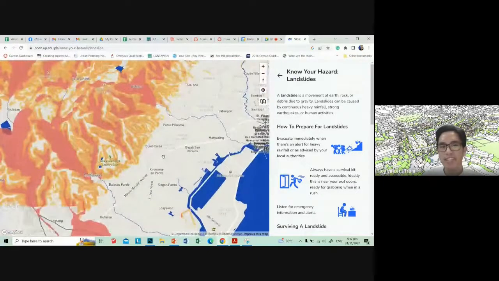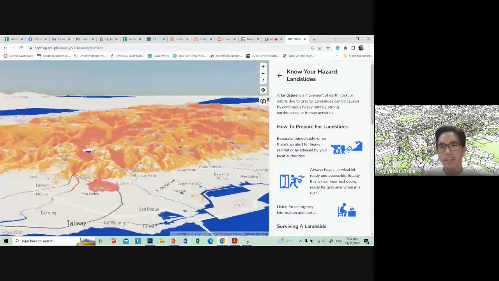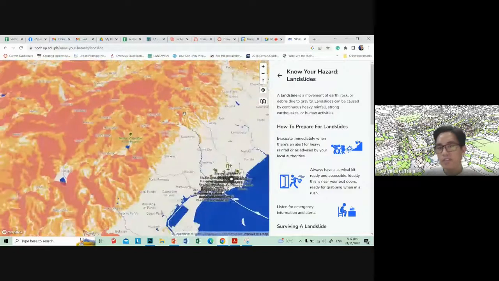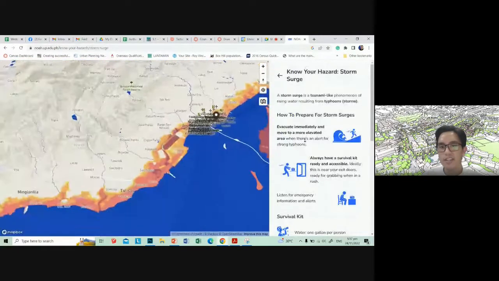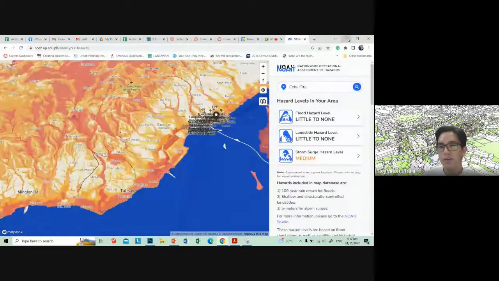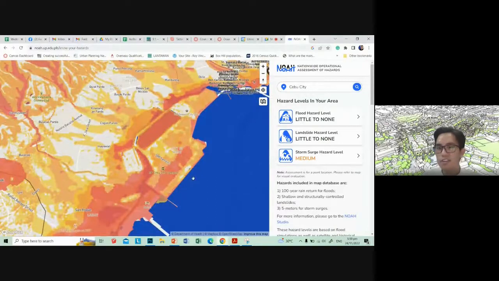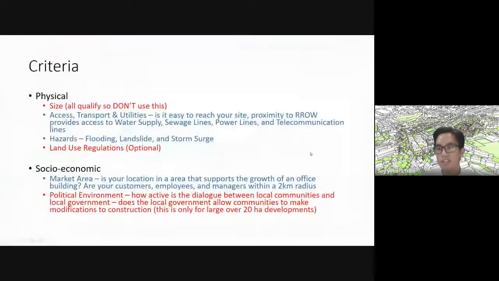Most of the landslide vulnerable areas are in the mountainous areas, like so. So if your site is in a mountainous area, you might be prone to landslides. And then finally, storm surge. Okay, I already talked about it. So for the strengths and weaknesses, I'd like you to consider flood hazards, landslides, and storm surge hazards, so you have a more complete analysis of your site.